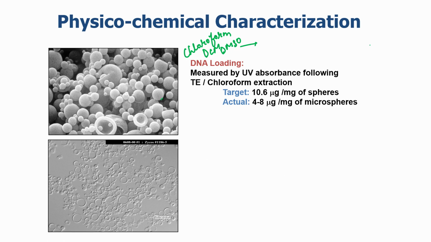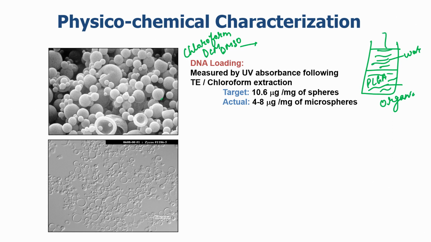What you can do is take a tube with DCM and water, put the particles in and shake it. Let us say this is the organic phase and this is the water phase. The PLGA, which was in particle form, will just open up in the organic phase and all the polymer will be present here, whereas DNA is a fairly hydrophilic molecule, so it will localize in the water phase.